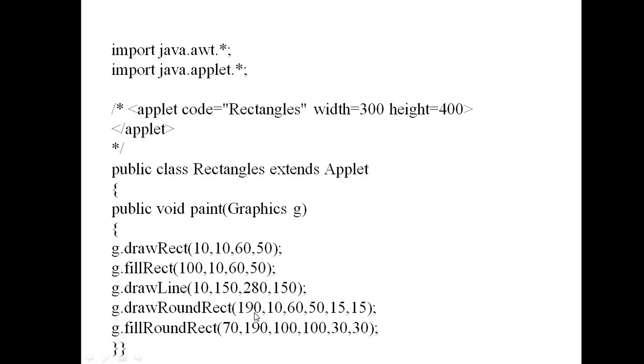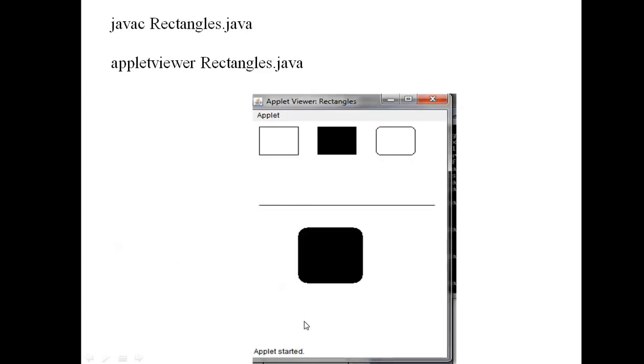We need to specify x1 and y1 value, then width and height value, then how to make the diameter for rounding the rectangle corners, that is the values here. So 15 and 15 is specified for the first, then fillRoundRect is specified with 30. So these are the different outputs produced by our five different methods.